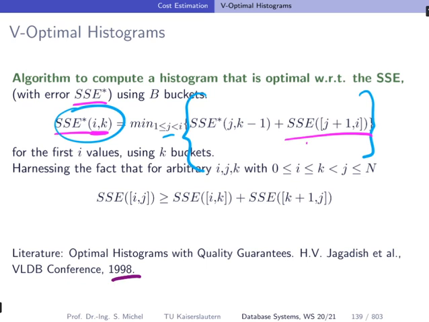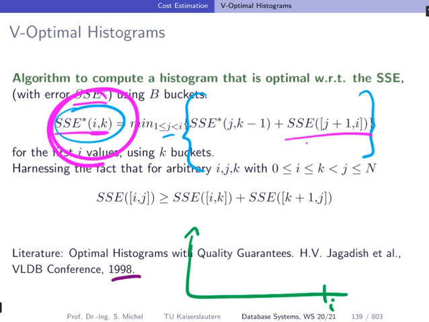Now this is of course difficult to understand and difficult to explain. Let's draw something. So we have data here and we look at the first I data points, right? So 1, 2, 3, 4, 5 until I. And this one here should be the minimum sum squared error for a histogram over these first I points using K buckets.